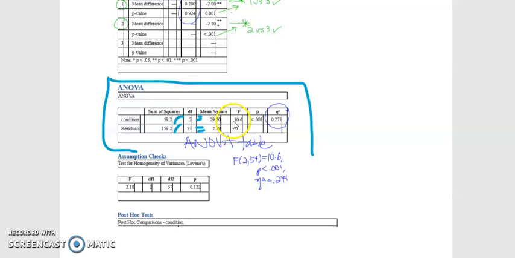Then you're going to do your mean squares divided by each other, and that's going to equal your F. For your sum of squares total, you'd add these to get your total, and you don't have a total for mean squares. So you're going to be filling in one of these tables with some of those missing things for the homework.